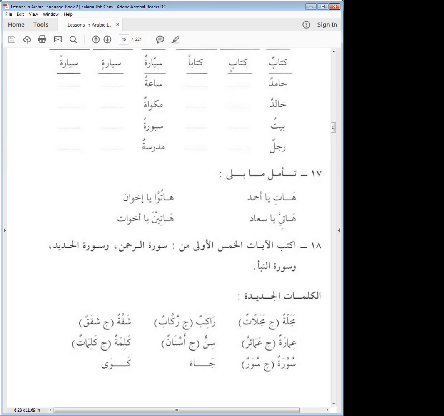If it's feminine singular, you say Hati with a ya after the ta. Hati ya Su'adu. And Hatina ya Akhawatu, for sisters. So it basically means bring or produce.